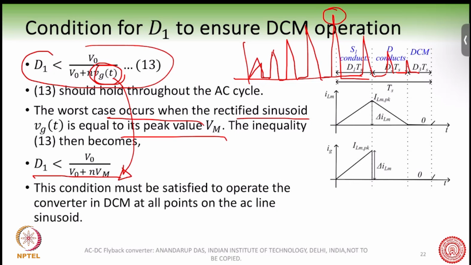So if we can ensure this condition, then we have ensured that DCM operation in ILM is always happening throughout all points on the AC line sinusoid. Okay, so then we know what is the value of D1. So we have also found out what is the value of D1.